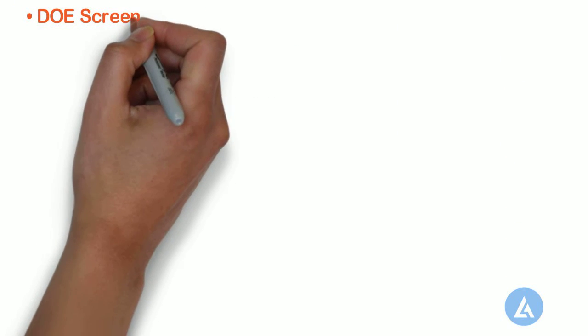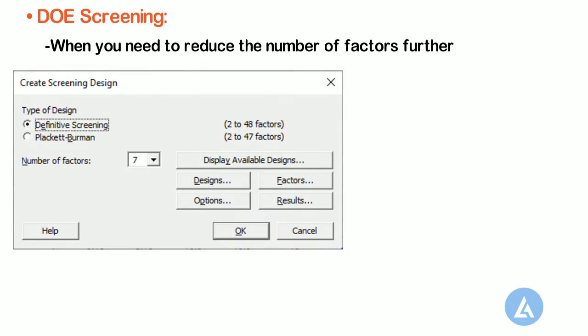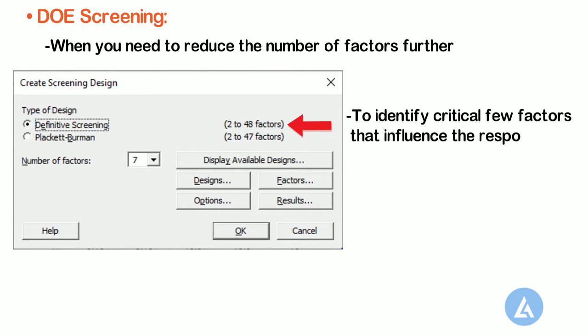Design of experiment screening. Use a screening experiment when you need to reduce the number of factors further. In the screening experiment, we can examine the main effects of 2 to 48 factors to identify the critical few factors that influence the response.